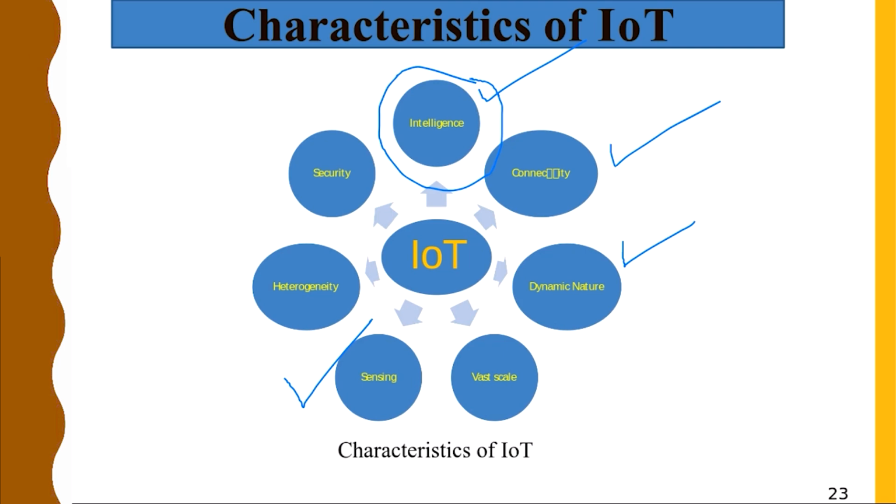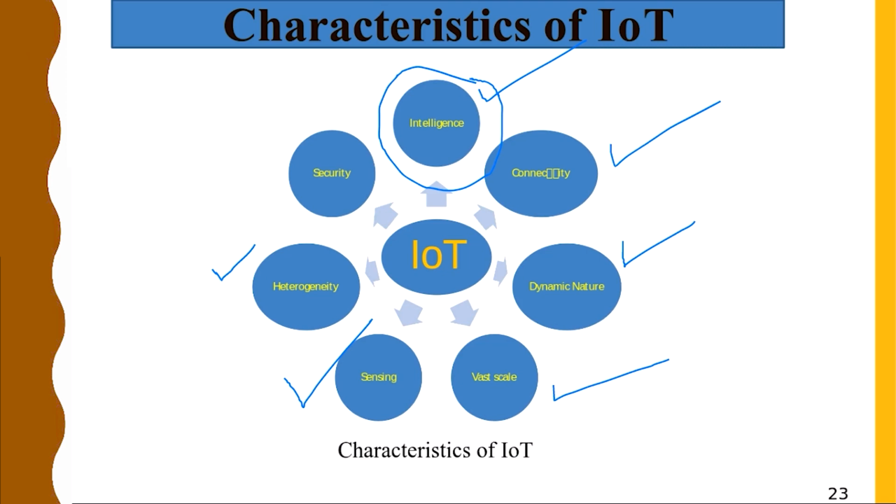Then is vast scale. Vast scale is that there are many devices, and they are everywhere. There are a number of things which are a part of the internet of things, so its scale is vast, right? Then is heterogeneity. All the different things which have those capabilities can communicate with each other, but they all have different computing units, different sensors, and their own different tasks, but they all have to make a network, right?